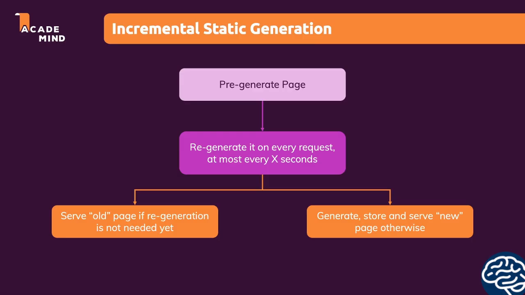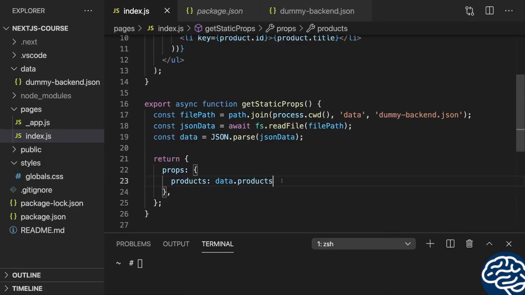So you can have ongoing pre-rendering on the server for incoming requests. And all you need to do to unlock this is, in the object which you return in getStaticProps, you don't just return props, but you also add a second key which is called revalidate.